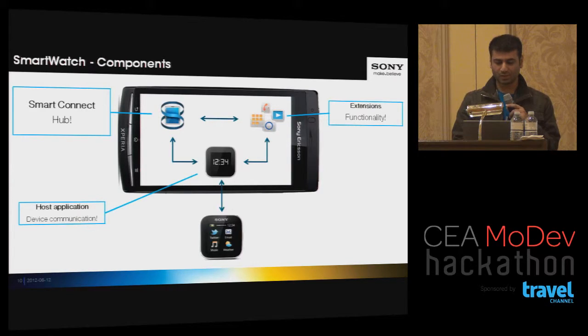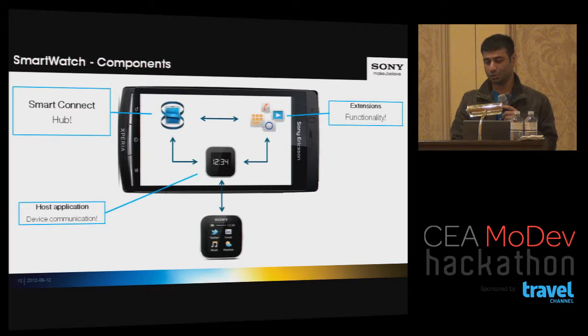And quickly, the basic components of smartwatch. The first one is Smart Connect. You'll have to download this application from the market itself in order for the smartwatch to work with your phone. Smartwatch doesn't only work with Sony phones, it works with all Android 2.1 and above. The host application actually helps the smartwatch to communicate with the device.